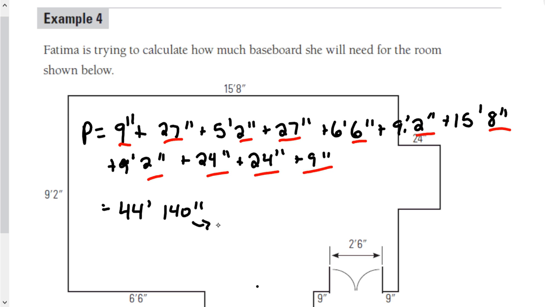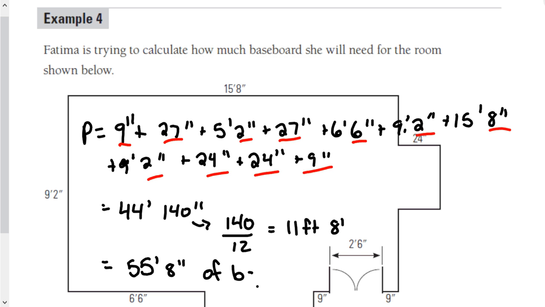Now, this 140 inches can be converted by changing it to feet. So we get 11 feet, 8 inches. Add this together, we get 55 feet, 8 inches of baseboard.